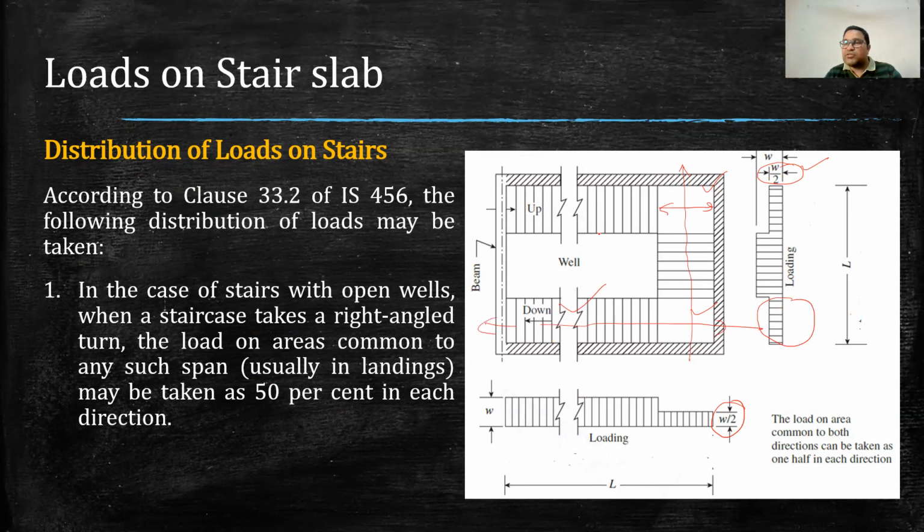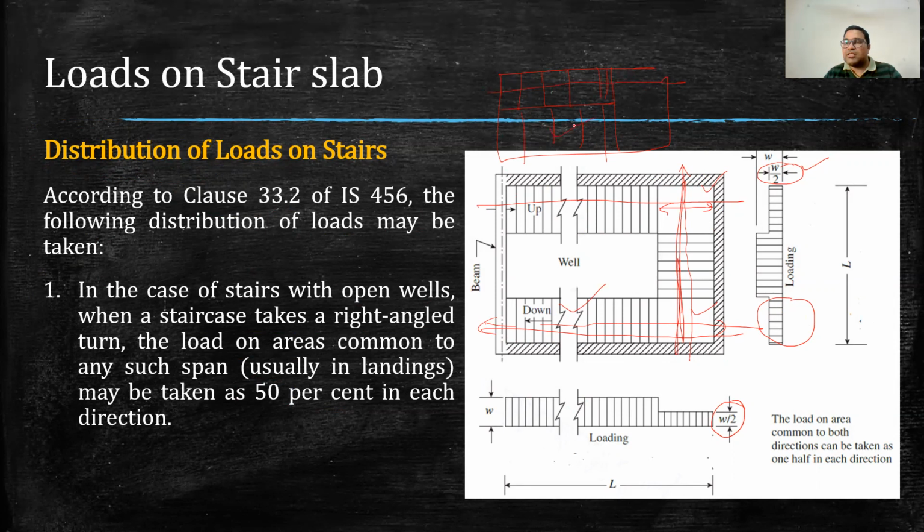So basically in case of open well, there will be three flights. This flight and this flight will be common. This will be the other flight. While in case of dogleg staircase, you can see the flights are generally the same, and therefore we consider only one flight and design it.